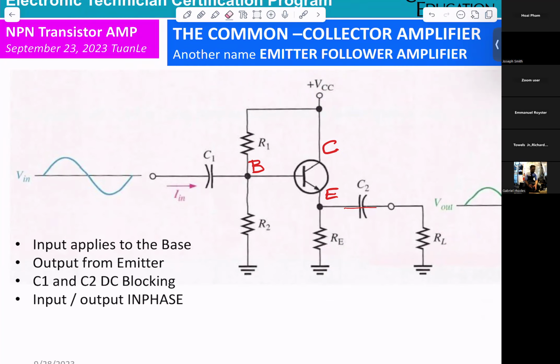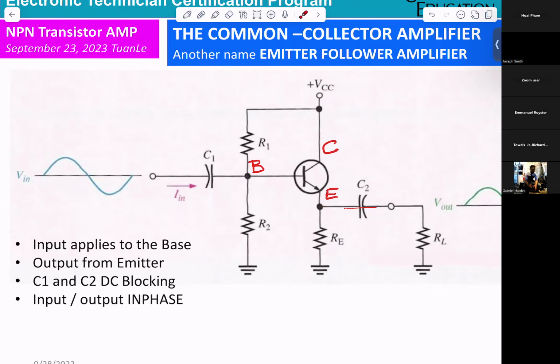Simpler than the other one. This is the base. And the output will be from the emitter. You see that? This is the V out right here.